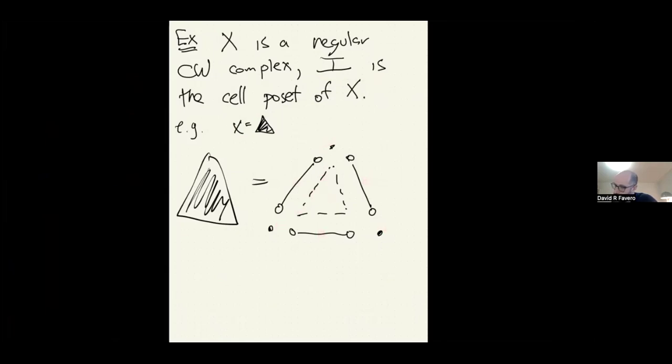The Hasse diagram looks like this. So a CW complex is a nice stratified topological space, stratified by its cell poset.